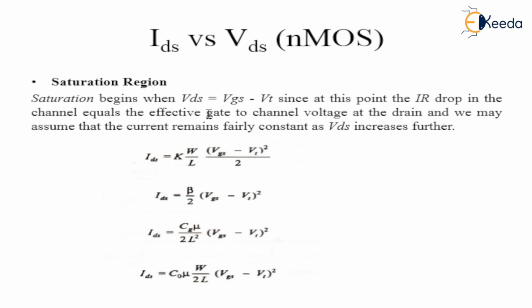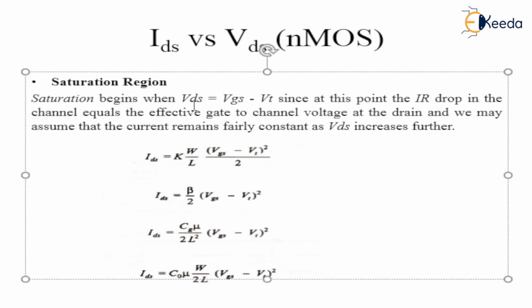So among these two points, I am taking VDS equal to VGS minus VT. I repeat, in saturation mode, when VDS is equivalent to VGS minus VT and VDS is greater than VGS minus VT, under the two conditions the transistor will be in saturation. But for easy understanding, I am considering VDS equal to VGS minus VT.